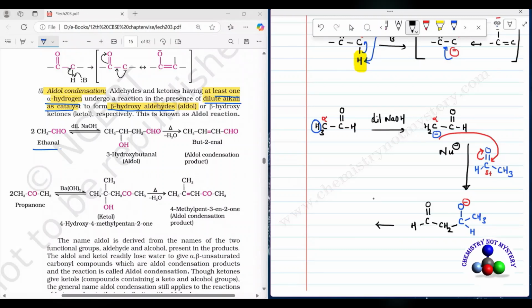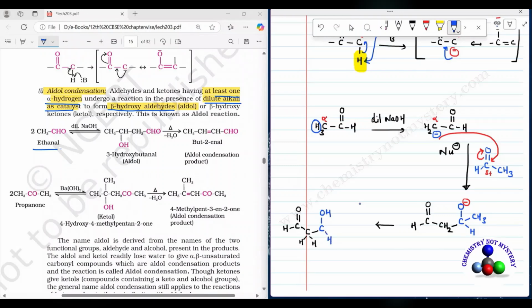As it abstracted proton from the reaction medium, now write down the product H, C double bond O, C. Here there are two hydrogens and it is bonded to C. Here this oxygen abstracted hydrogen from the reaction medium, so now it will become OH.